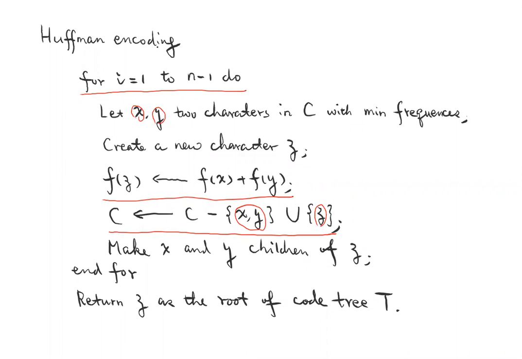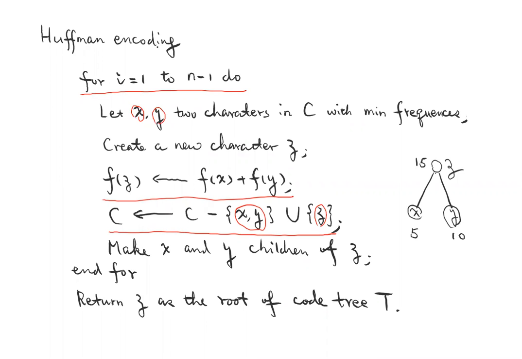For these two characters, X and Y, in the code tree we make them siblings. So they become children of a new character. For example, the frequency of X equals 5, Y equals 10, frequency of Z is 15.